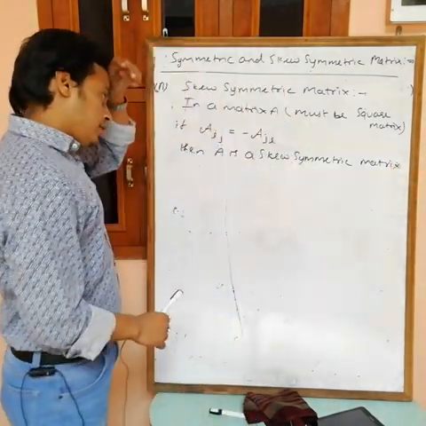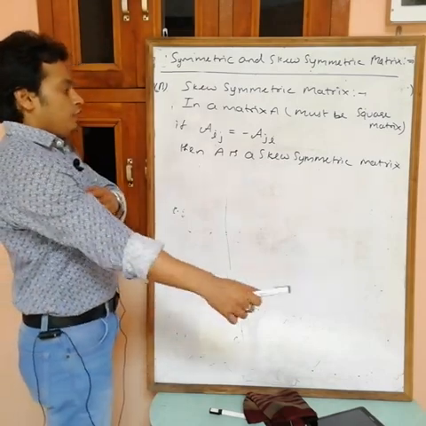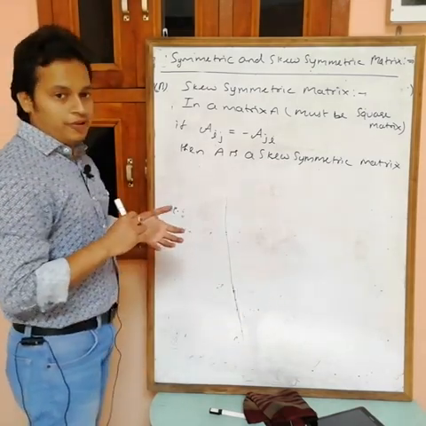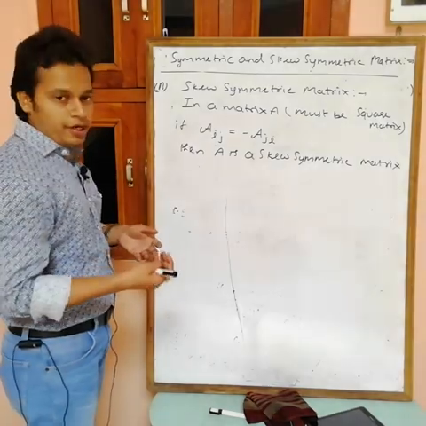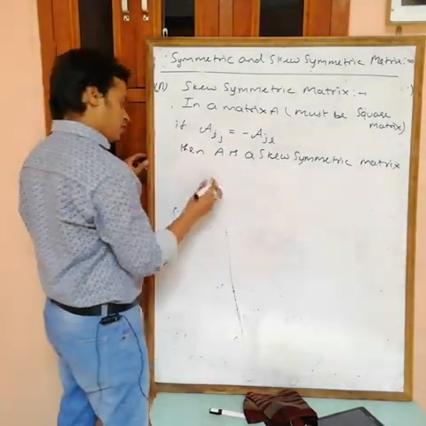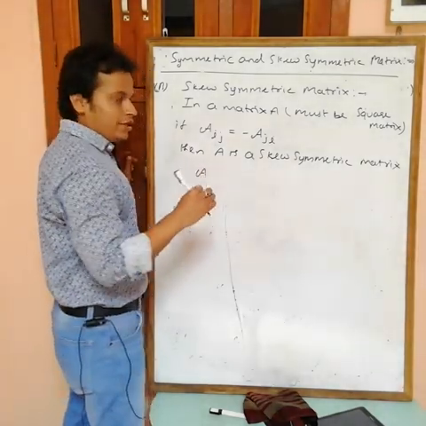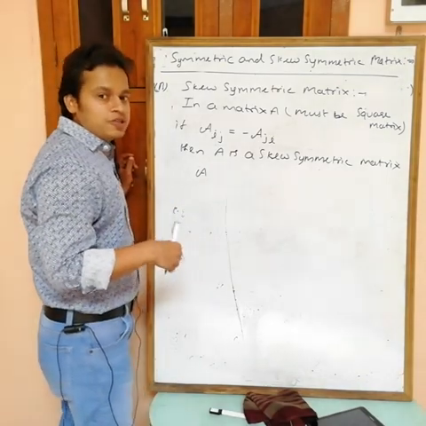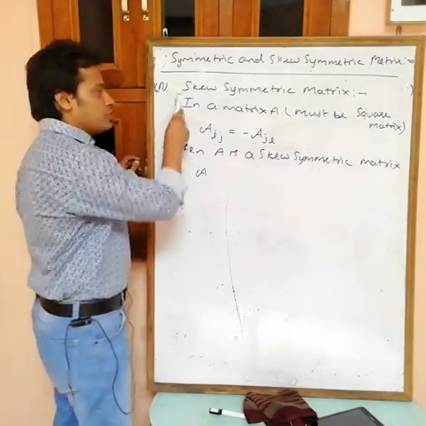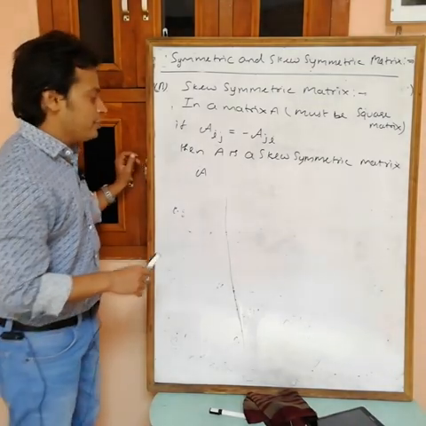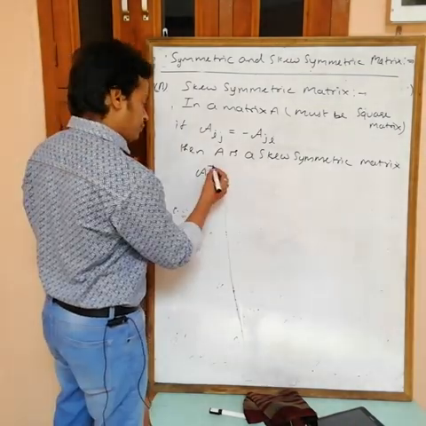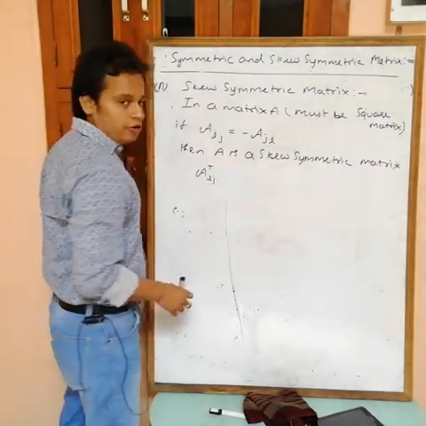Again for this one we have a relation between A transpose and A. Now see how we are getting it. In case of a symmetric matrix, A transpose is equal to A. In case of a skew symmetric matrix, A transpose is equal to minus A. See, I am taking the ijth element of A transpose.